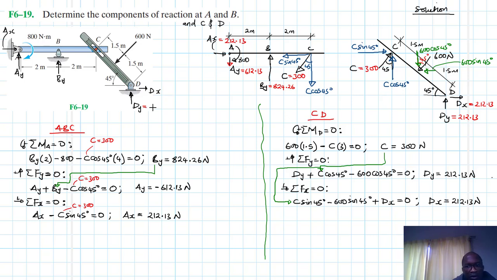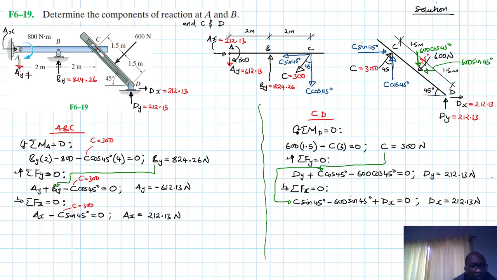Let's just replace here. We have DY equal to 212.13, and DX is also equal to 212.13, and then BY is equal to 824.26, and then AY, the sign changes, that's what we said.